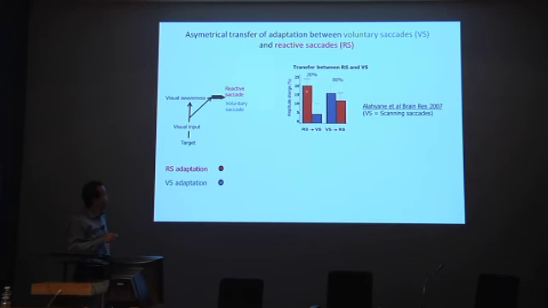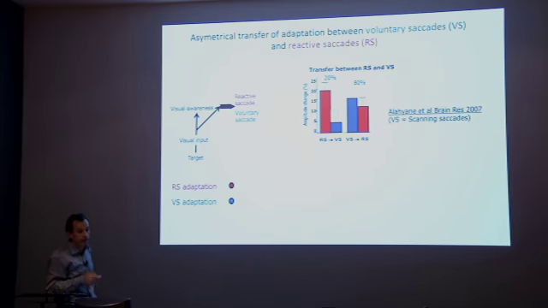And we could measure in this case the transfer from reactive saccade adaptation to voluntary saccades. And we noticed that the transfer was very small. And with the same subject tested on a different day, we did the opposite. We adapted voluntary saccades and measured a very big transfer to reactive saccades.